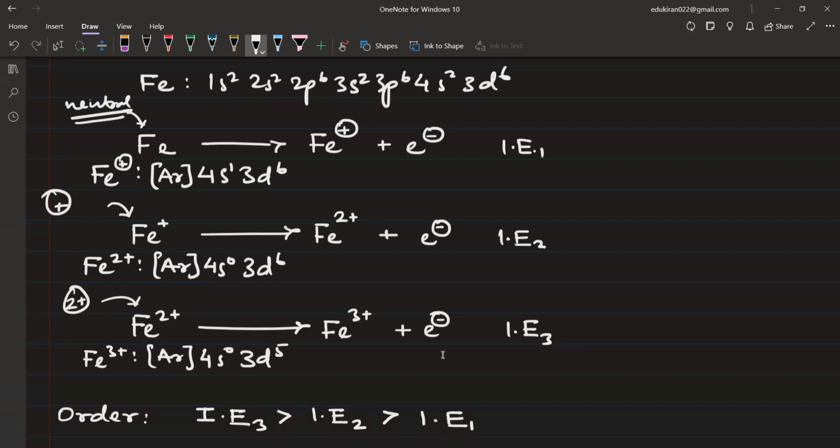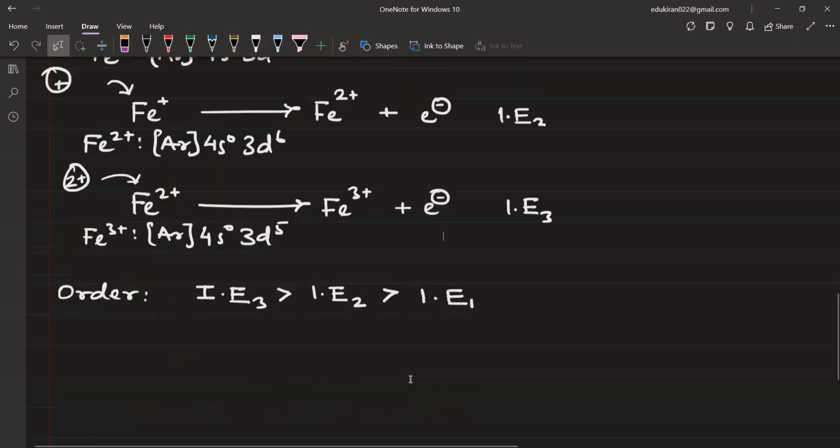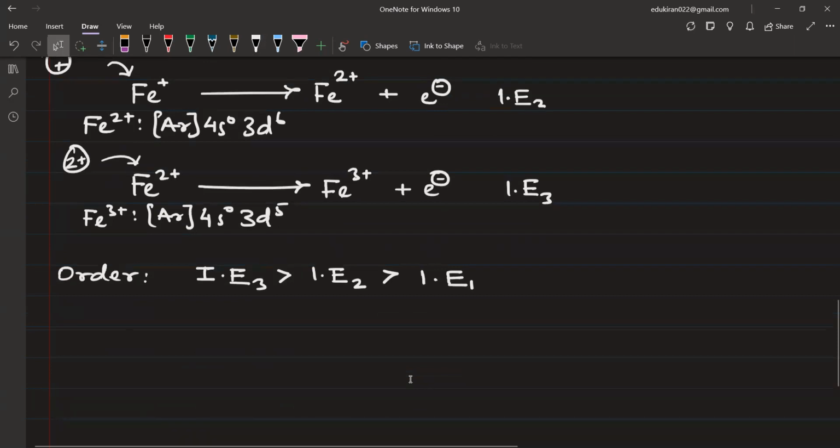As we go on with successive ionization enthalpy, what is happening? We are requiring more and more energy. Okay, right here.